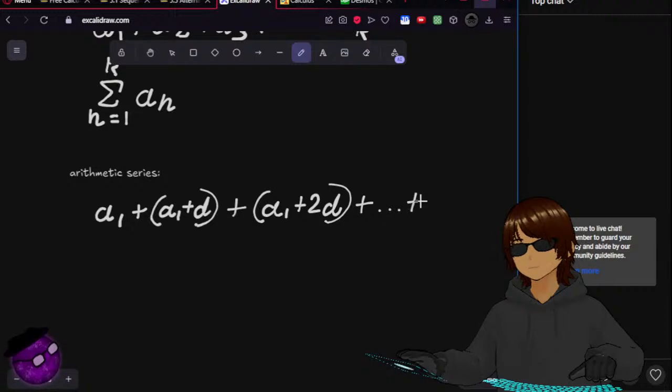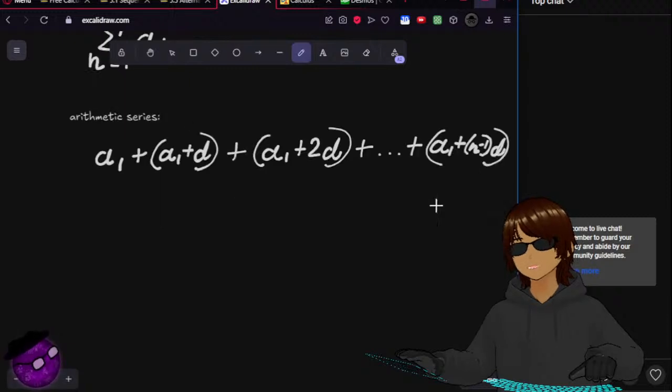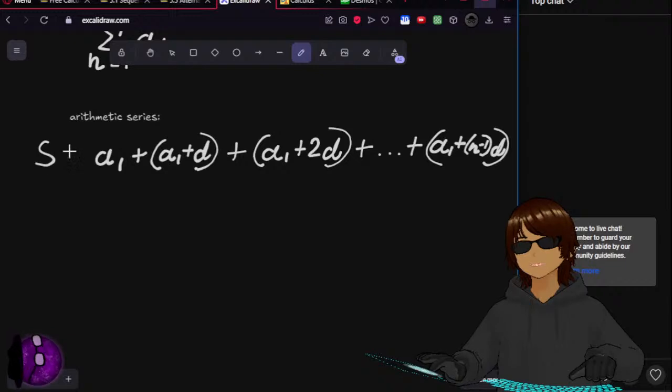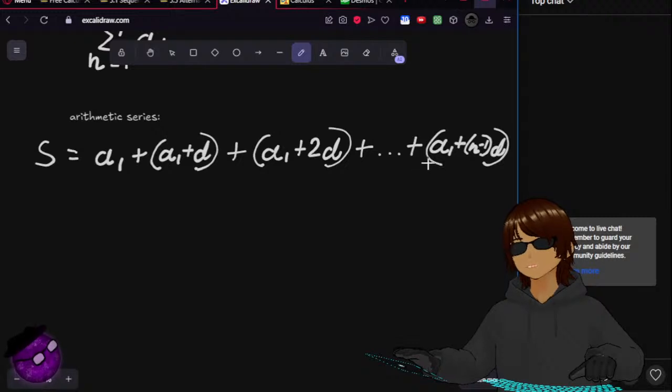So if this series goes to infinity, then the total sum, let's call it S, would go to infinity. So an arithmetic series would only exist if the terms are finite.